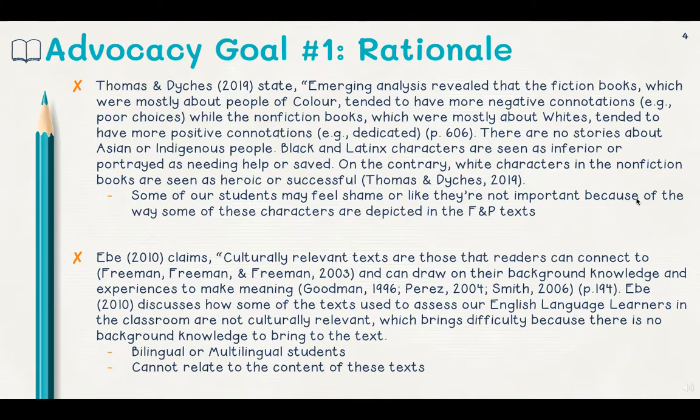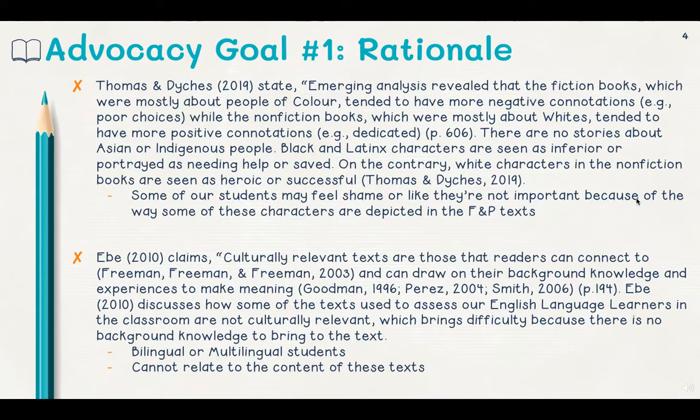That goes along with what Ebe claims in the article about culturally relevant text with English language learners in the classroom, and how it's hard for students to draw on background knowledge or experiences in order to make meaning. Then they might not read that book as proficiently as some of their peers.